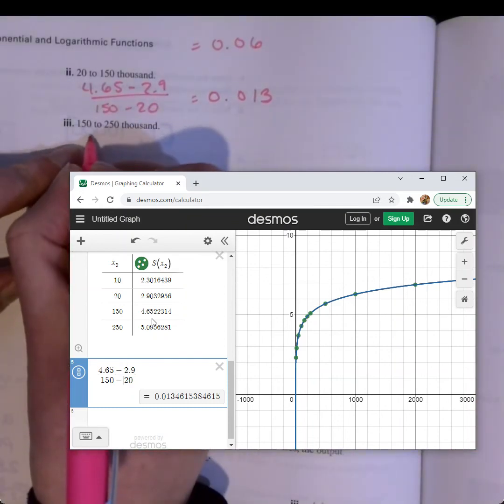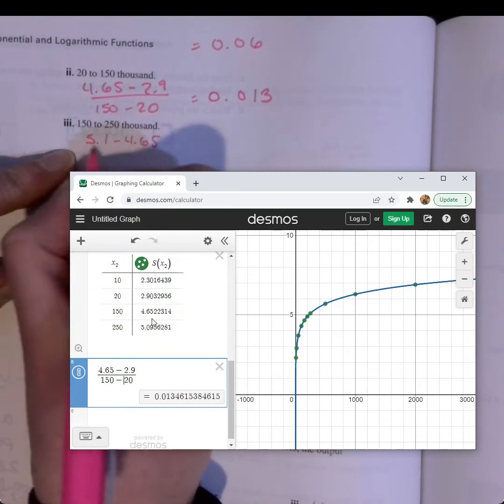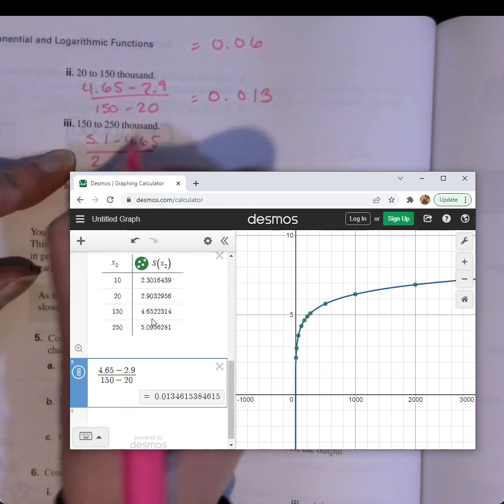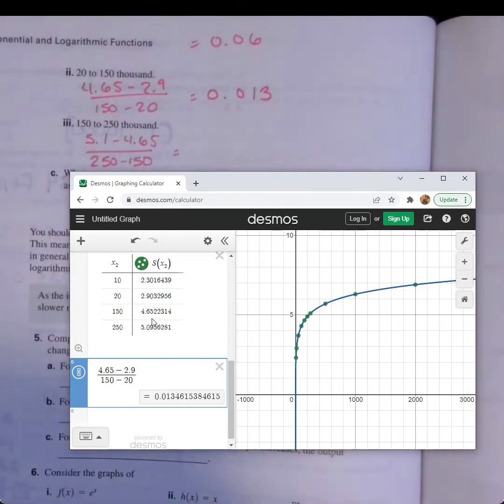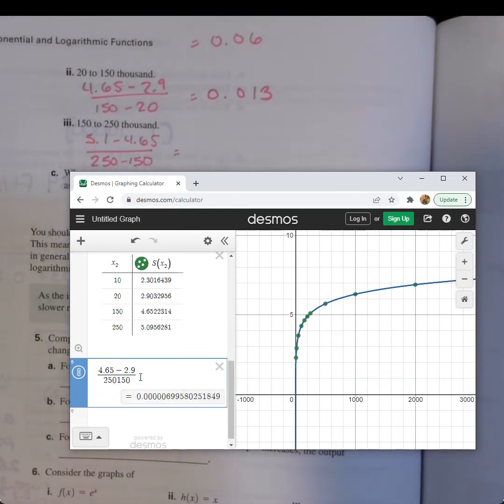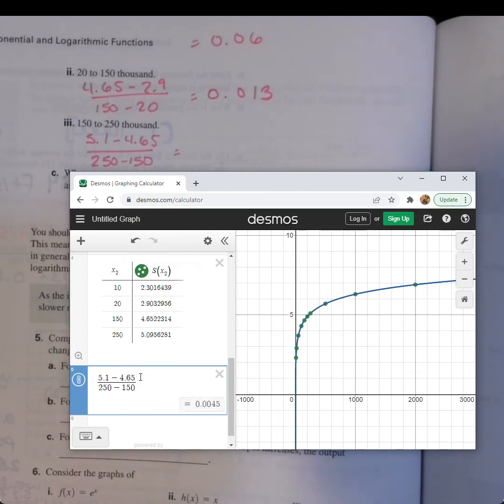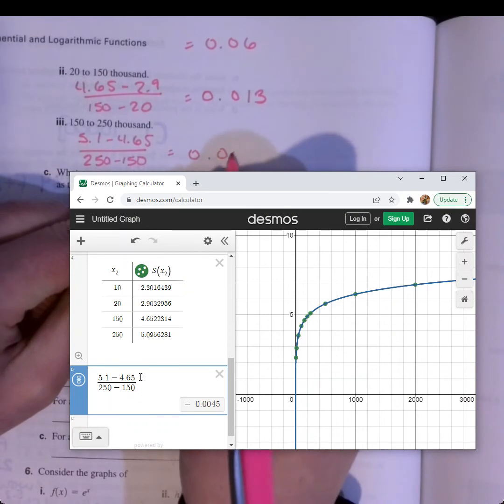So this one's going to have the 5.1 minus the 4.65 over 250 minus 150. And I have 0.005.